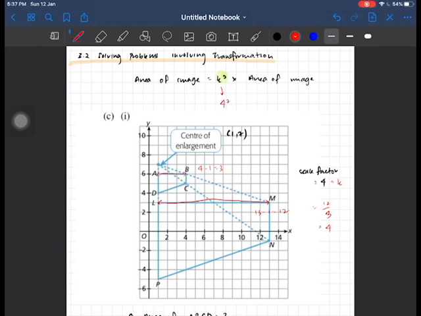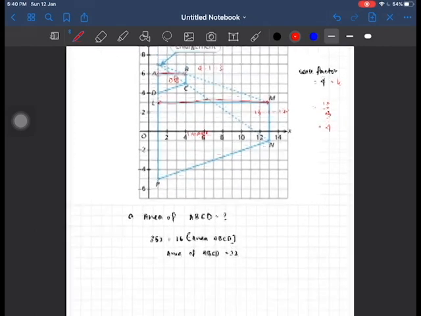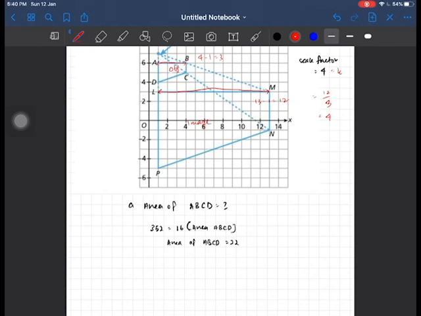So it's 4 squared times the area of the object, then image. And I have the image, which is 352. So I'll divide this, and I'll get the area of ABCD, which is also my object, which is 22.